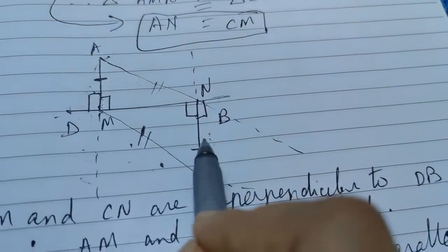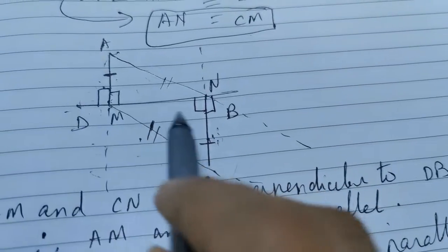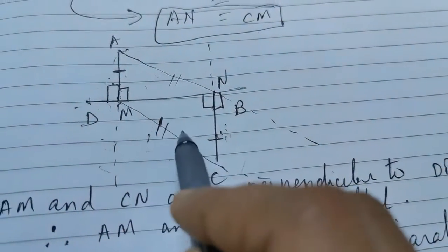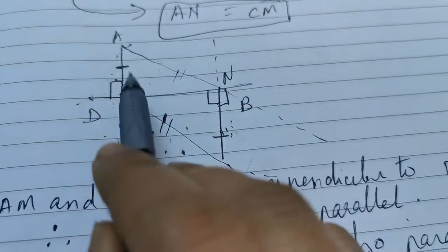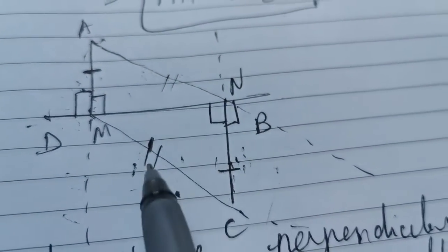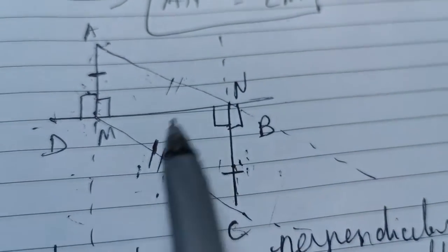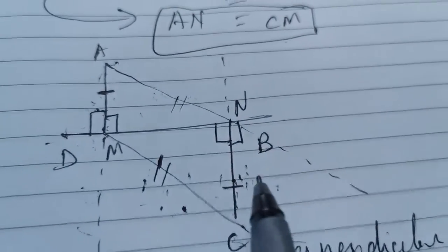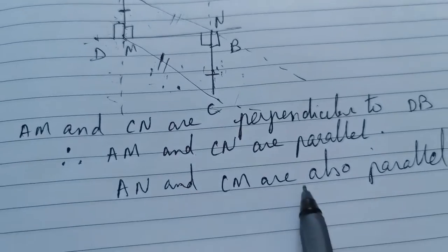If these two are not equal in length, there is a chance that AN and CM will meet. But AM and CN are equal in length from our proof. So, the lines joining them will also be parallel. They will not meet each other. Therefore, the lines AN and CM are parallel.